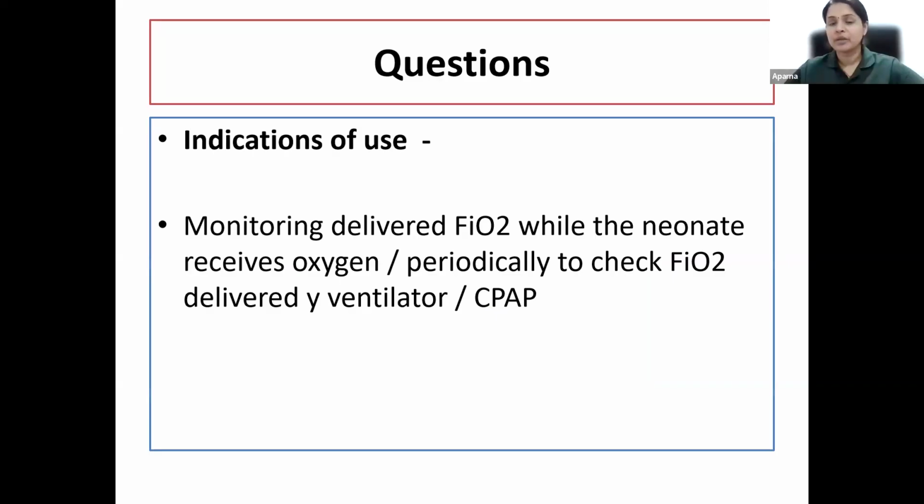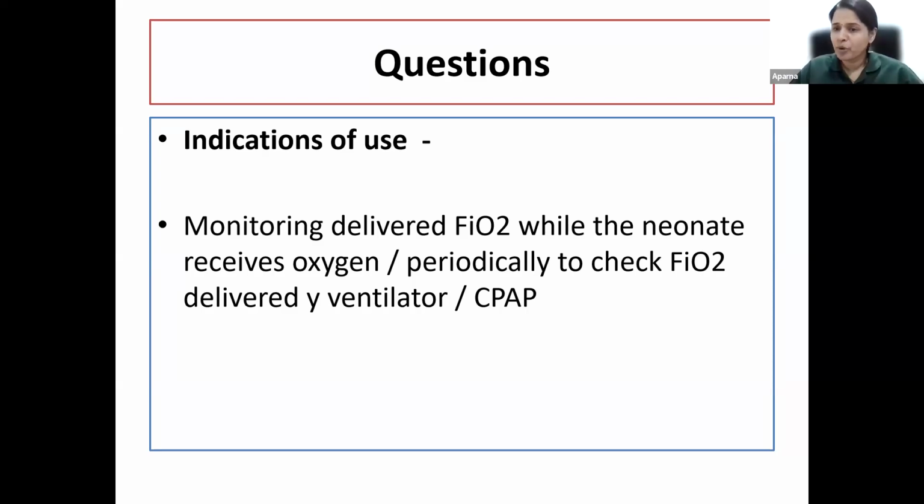The indications of CPAP include a baby with respiratory distress syndrome or TTNB or meconium aspiration syndrome, pneumonia, any baby who has respiratory distress, provided the baby has good, adequate, spontaneous respiratory drive. If a baby doesn't have enough respiratory drive, the baby is not a good candidate for CPAP. Some relative contraindications for CPAP are babies who are at high risk of apnea or poor respiratory efforts.